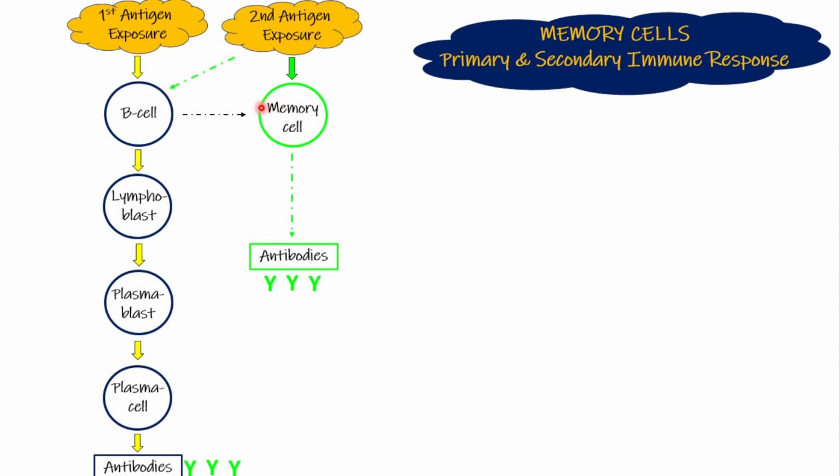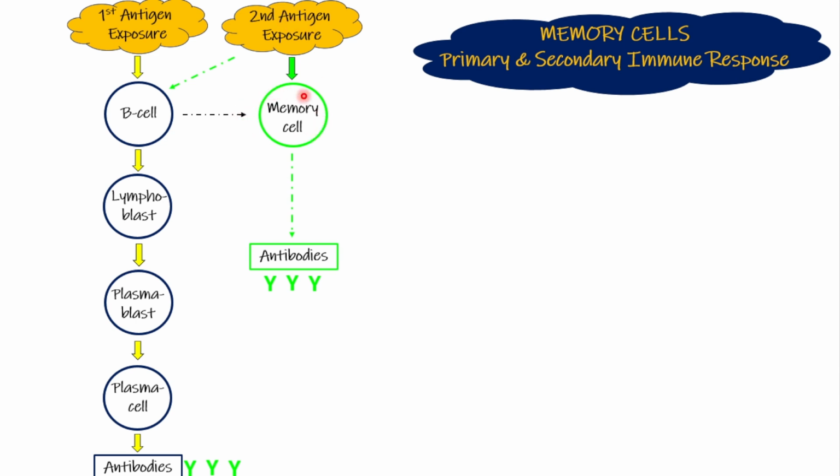The second thing is that these memory cells will be converted way more quickly into plasma cells, and they will produce the antibodies. So the normal pathway takes a lot more time as compared to this pathway. These memory cells have already been identified by the first exposure, as the memory B cell which will be activated on exposure to the specific antigen.